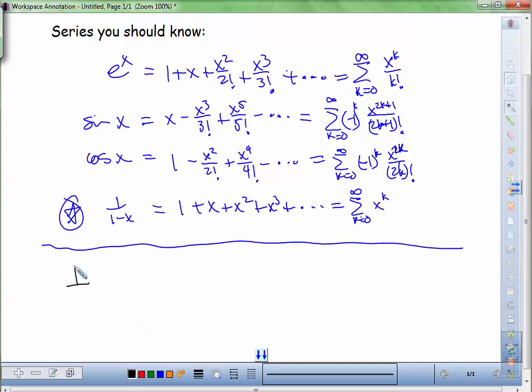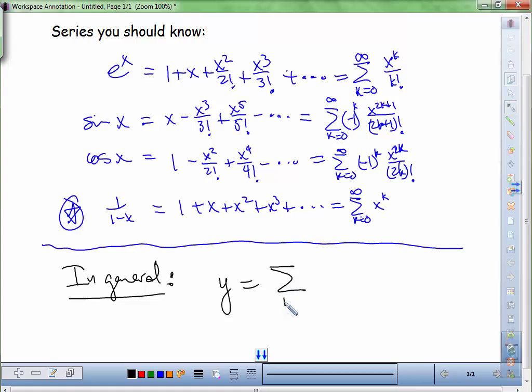So in general, and I think this is where we left off last time, any function that you have can be seen as a series, or if you have a series, it could be seen as a function, even if you can't find a nice pattern.